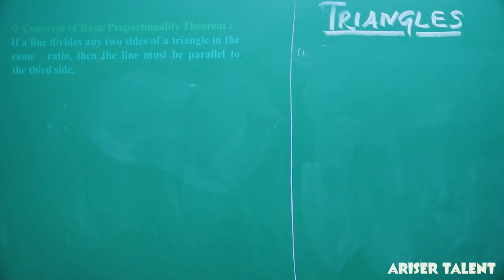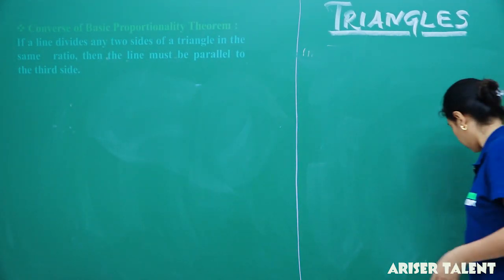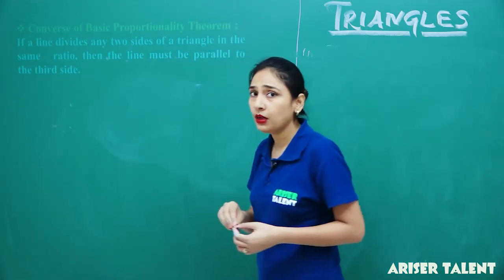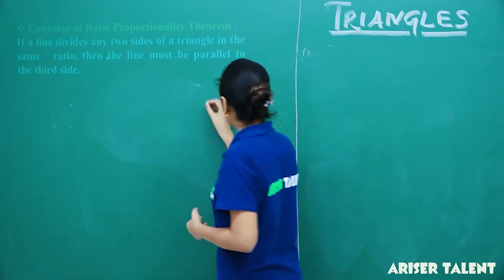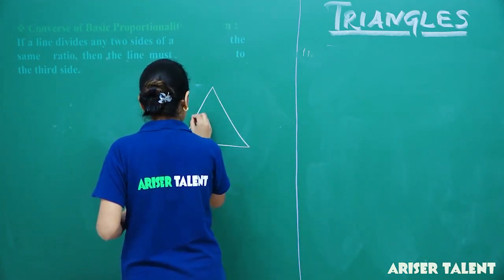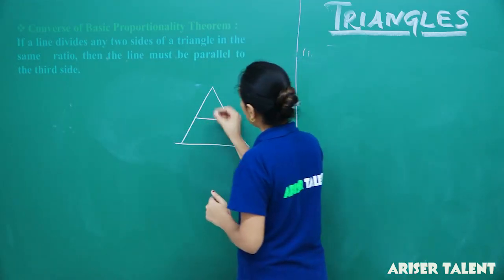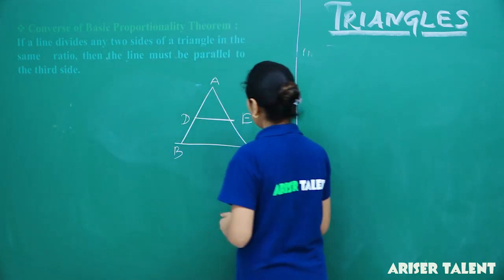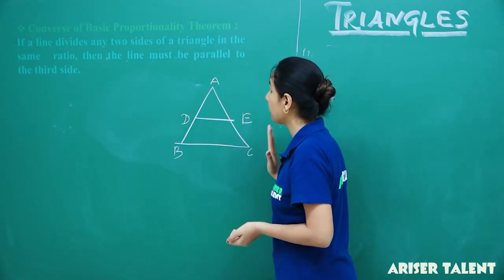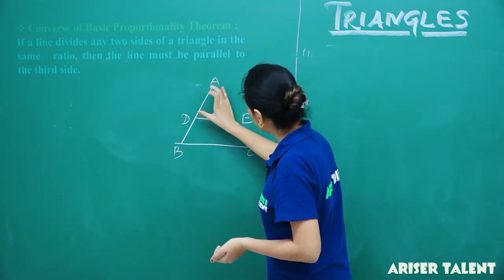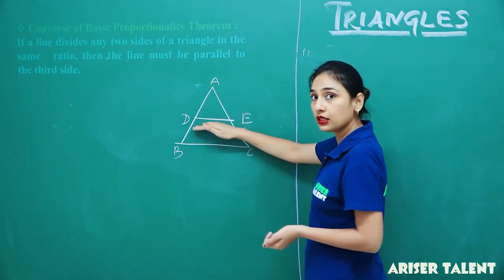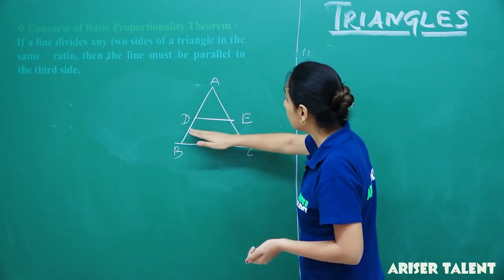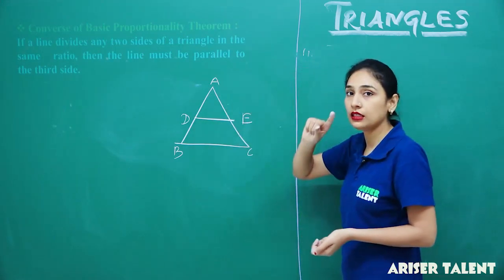Look at this next question: converse of the basic proportionality theorem. Our basic proportionality theorem says that in our triangle, if this line is parallel to this line, then this line divides these two sides in the same proportion.